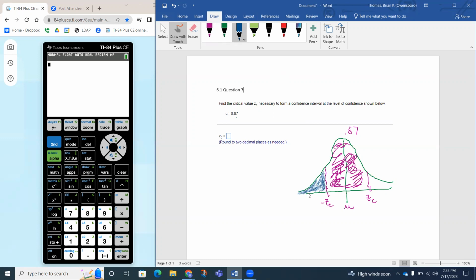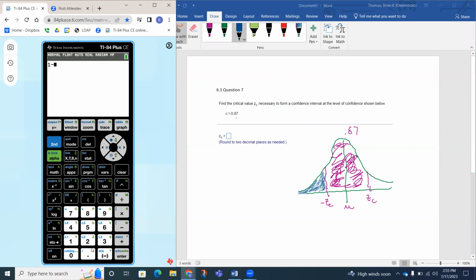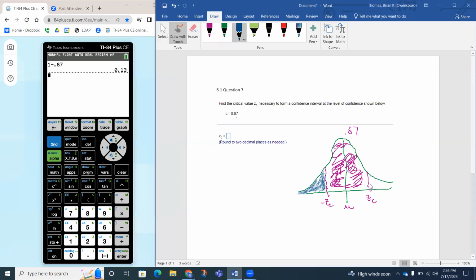So we know that the area of the curve is 100%, and the middle is this 87%. So if we go 1 minus 0.87, this gives us 13%. But notice this 13% is not only to the left, it is also to the right. So this 0.13 has to be shared equally among these two regions.